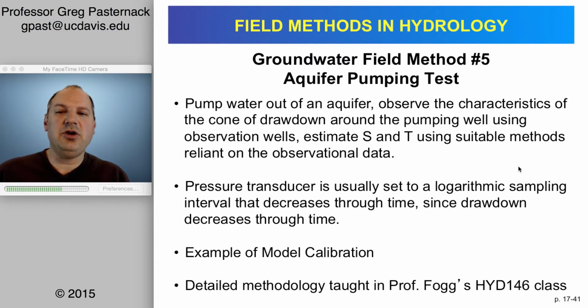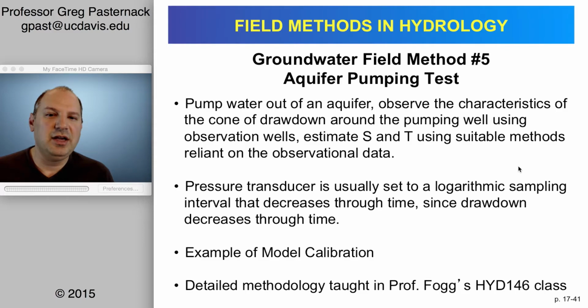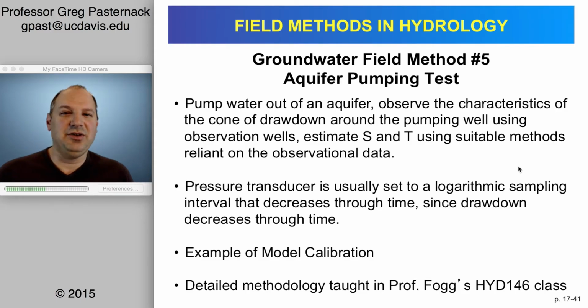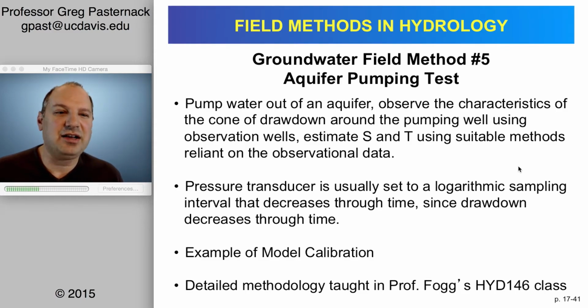So how do you get those at the scale of a whole aquifer? It's not just go out and do some seepage meter tests or hydraulic conductivity soil tests with some soil cores. You have to interact with the whole aquifer. And the way to do that is with something called a pumping test.